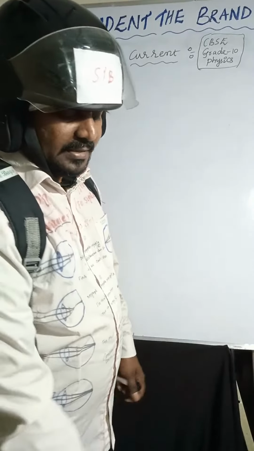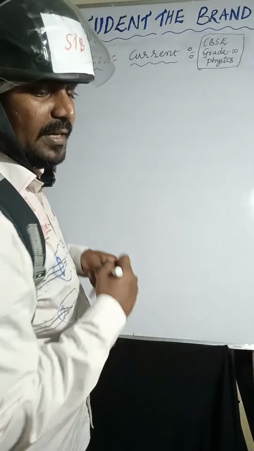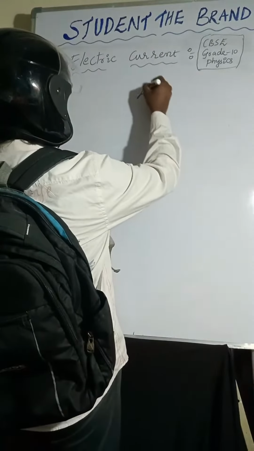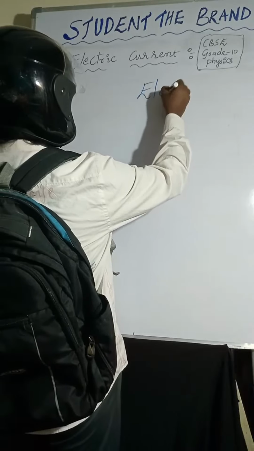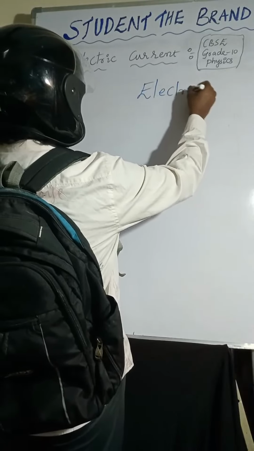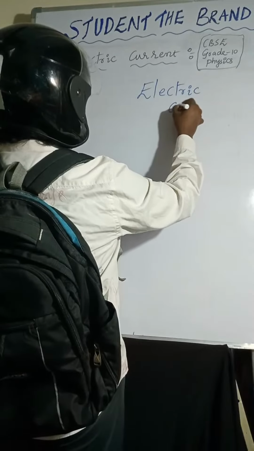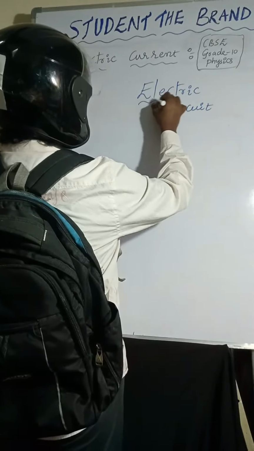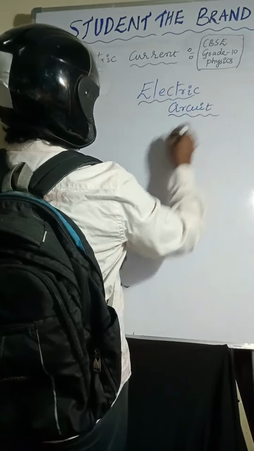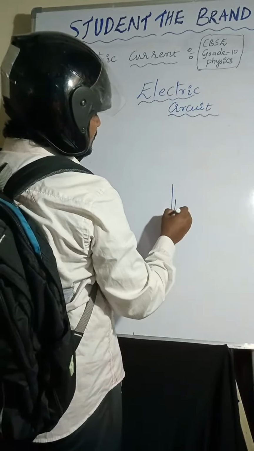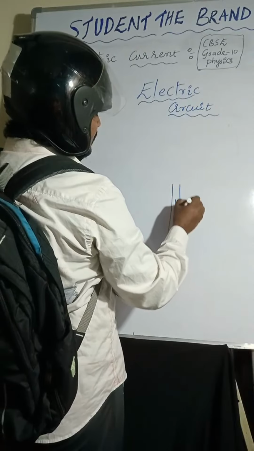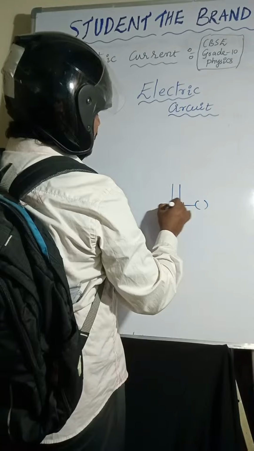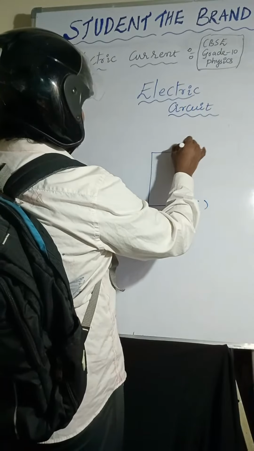Okay, electric circuit. Now you can see here, I am taking this cell, switch, current is flowing.